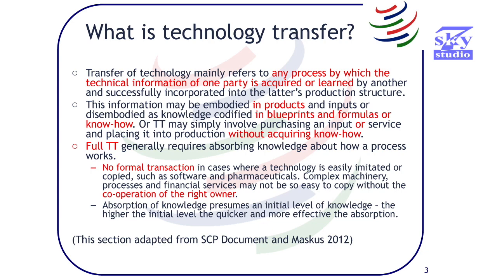Now, full technology transfer obviously requires knowing exactly how a process works, and as I said, this can be formal or informal. No formal transaction is needed in cases where technology can be easily imitated or copied. For example, software.